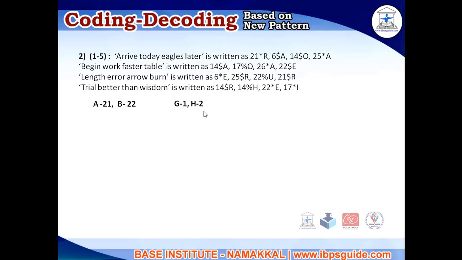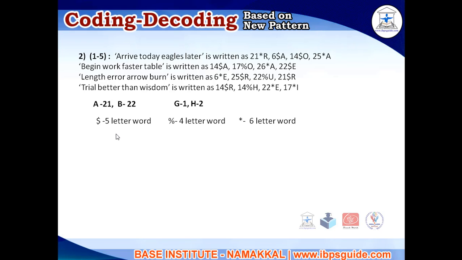And then for symbols coding, we have to consider the symbols are not given randomly, so comparing the words with the symbols, we can say dollar is for a 5-letter word, percentage is for a 4-letter word, star is for a 6-letter word. Guys, and then for alphabets, the second letter of the word comes at the end.